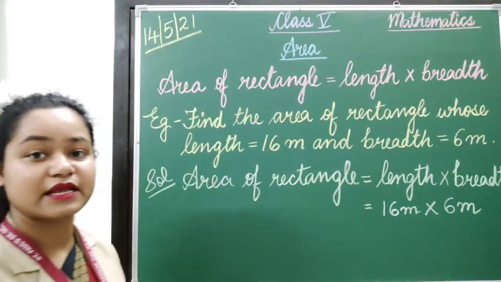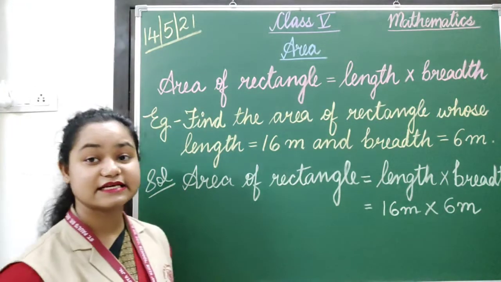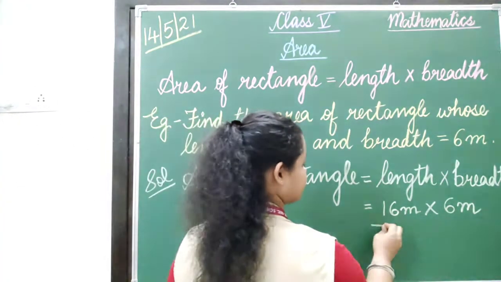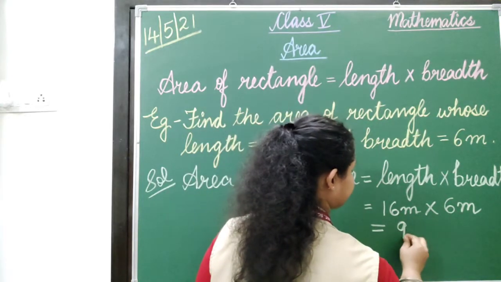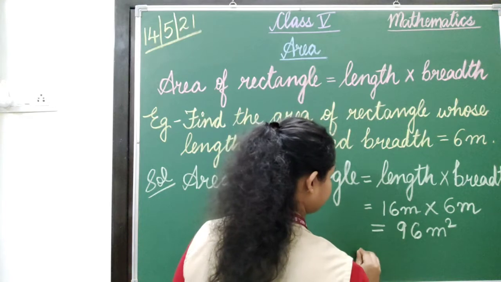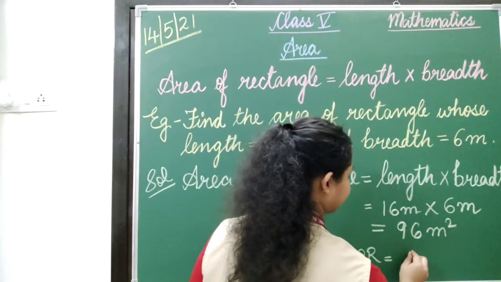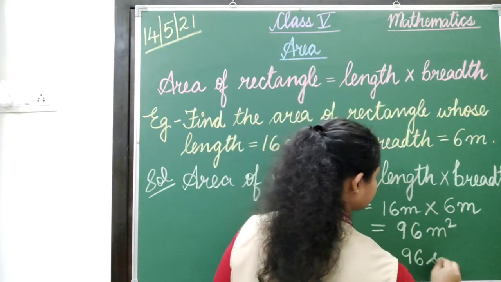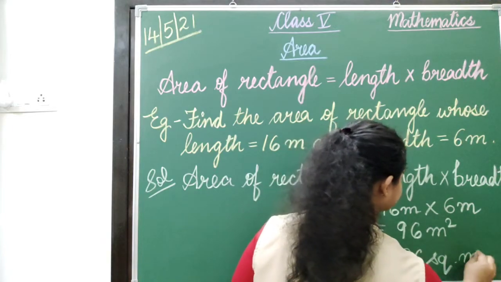Understood? 16 meters and 6 meters. So 16 6s are 96 meter square, or you can write 96 square meters.